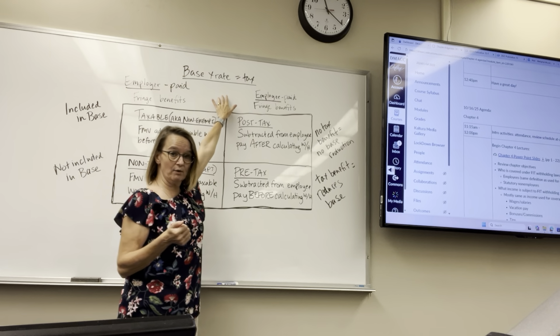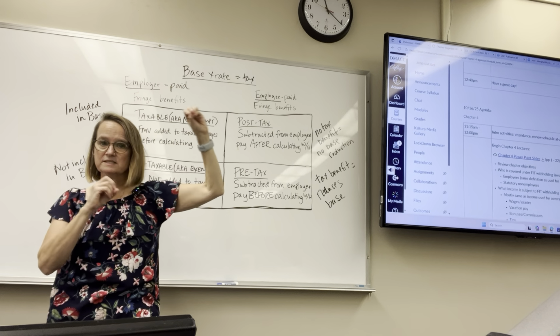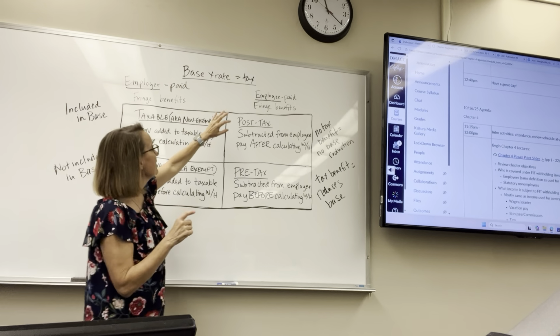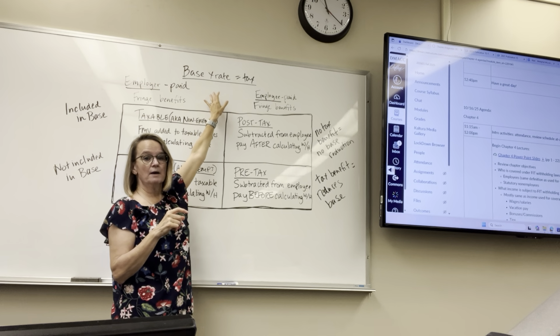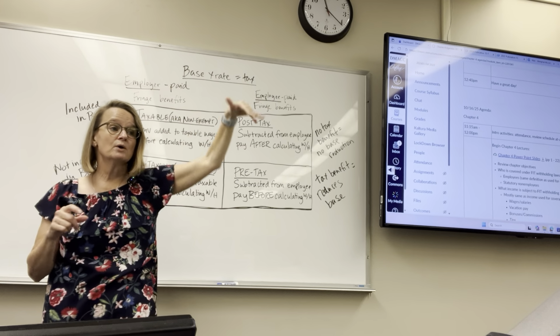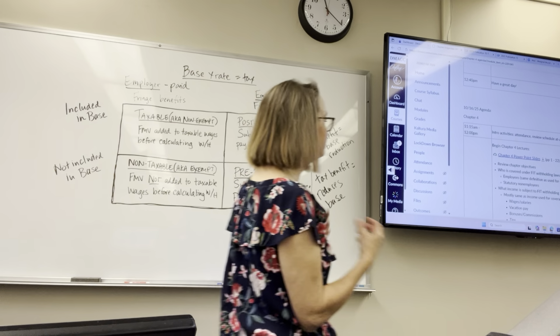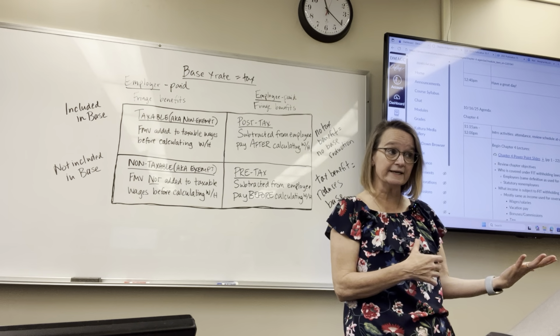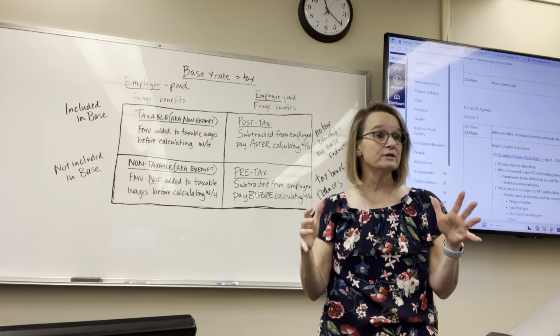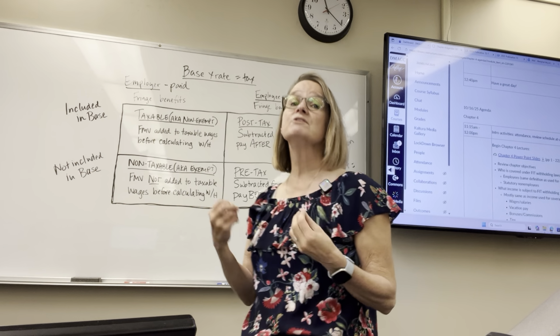The rate, however, and we're not going to talk about how we calculate the rate yet. We'll start talking about that next week. But the rate is a little bit more complicated and complex with regard to calculating it for income tax purposes, for federal income tax withholding. So again, it's going to be calculated every pay period, but it's individualized.